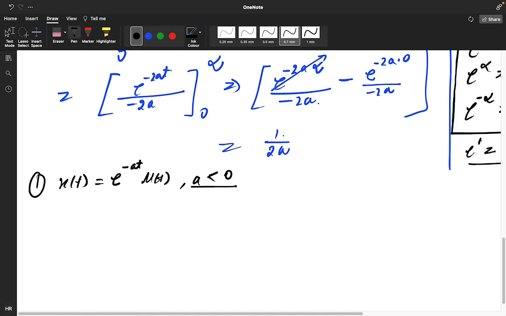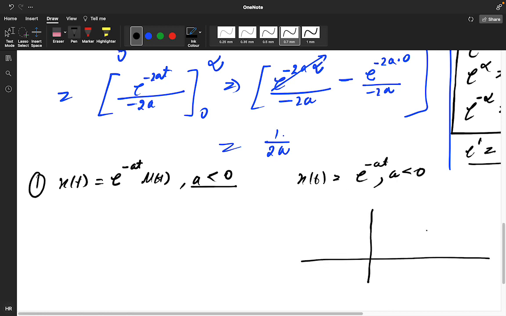If you are drawing the curve of x of t, assuming e power minus at and a is less than 0, then at negative t, negative times negative will become positive. Are you understanding what I want to say?